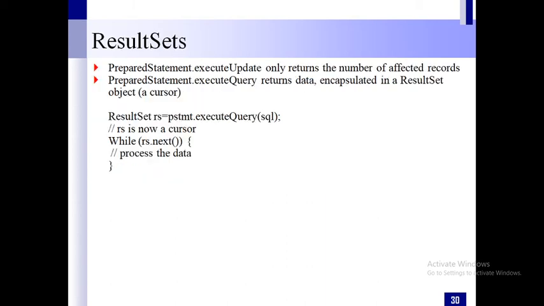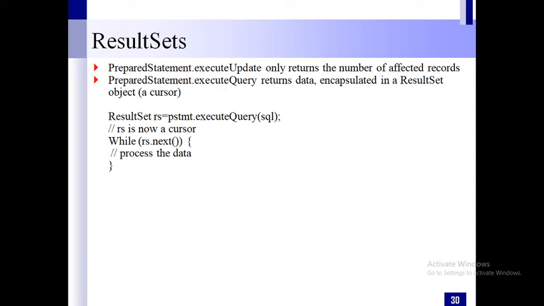Then the next is result sets. In dynamic SQL and embedded SQL, we have discussed the cursor concept, right? Cursor means if you are dealing with multi-set data, then to fetch the individual tuple and then move to the next one, we use the cursor concept.